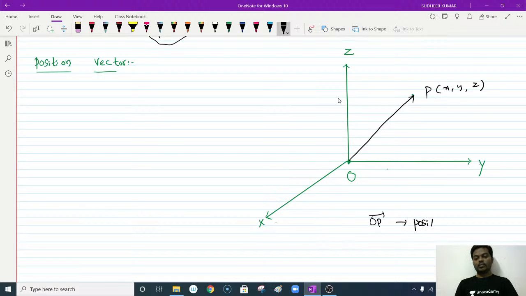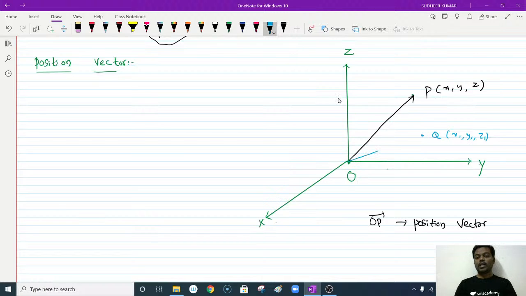Generally we will represent it like this. This is the position vector, right? Next, if you take more than one point, let it be Q(x1, y1, z1), right?